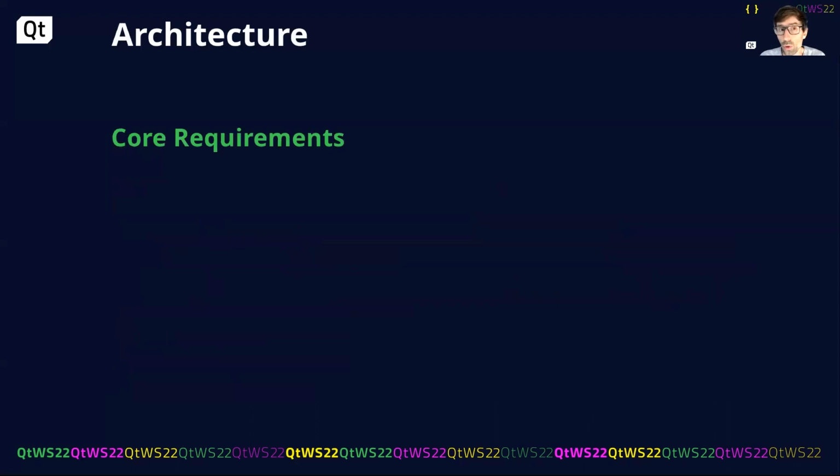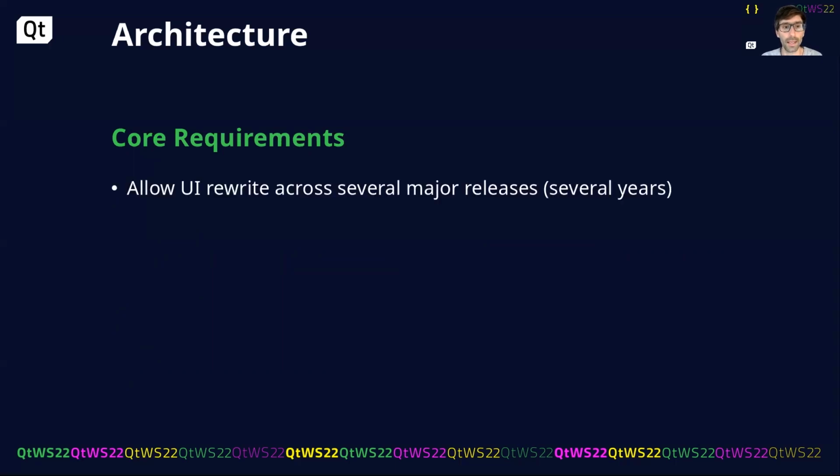So what are some of the core requirements if we want to move to Qt? There is one huge requirement, and that is that we have to allow UI rewrite across several major releases. We have one major release per year in October. We have a minor release in March, and sprinkled between that we have maintenance releases.